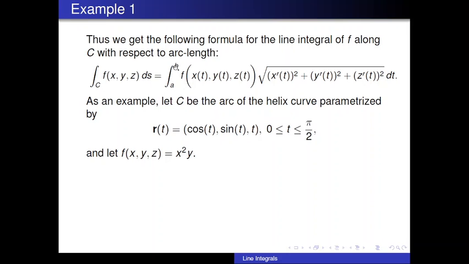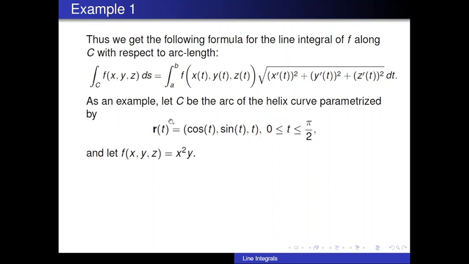We can integrate from the endpoint parameters a and b of f of x of t, y of t, z of t. This is just f of r of t if you want to be shorthand about it, times the square root of x prime of t squared plus y prime of t squared plus z prime of t squared. This one you could write as just the length of r prime of t if you're trying to be short. And we'll integrate this expression with respect to t from a to b.